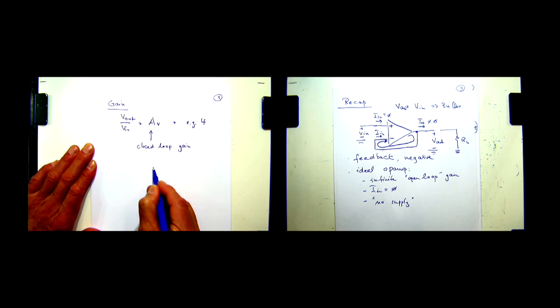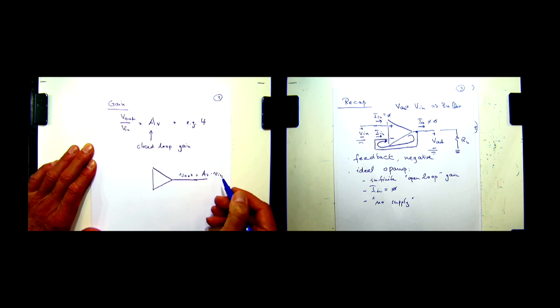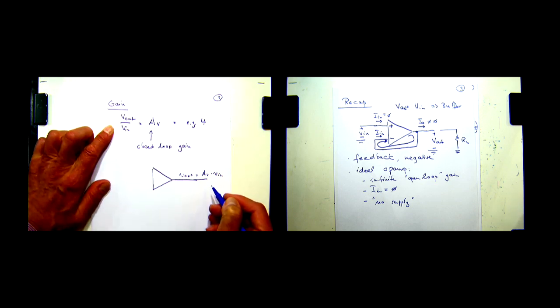The first thing is we better take an op-amp. So we know that for the op-amp, V out is equal to AV, 4 in our example, times V in. We want this to be the case. That's our design goal.